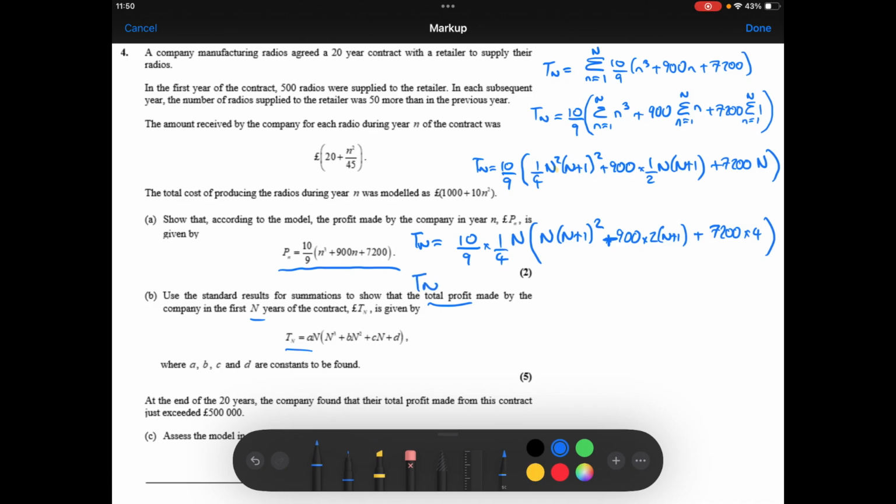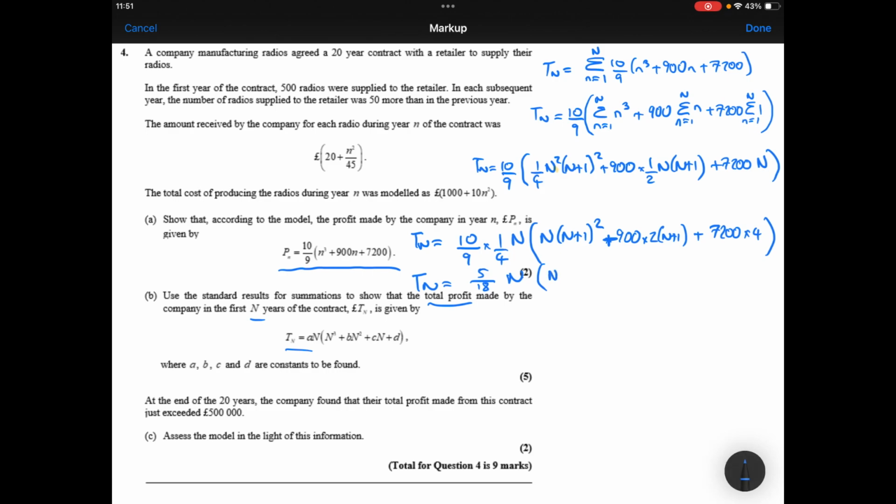Simplifying that then, the 10 over 9 times 1/4 is 10 over 36, or 5 over 18. That is that, with the n still there at the front. Expanding these brackets then, we're going to get n cubed plus 2n squared plus n plus 1,800n plus 1,800 plus 28,800.